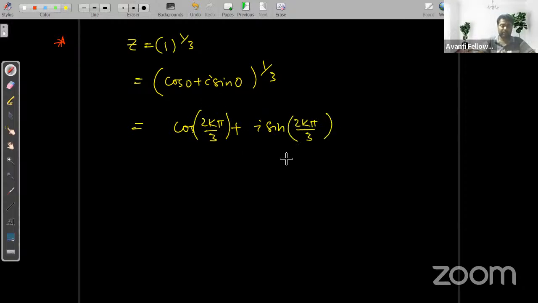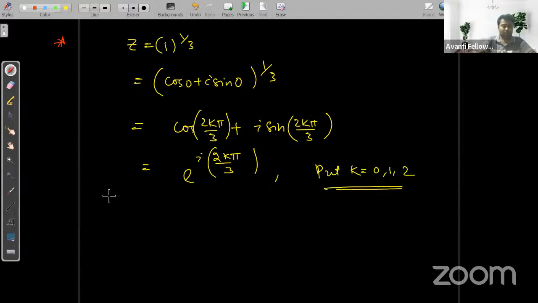By using de Moivre's theorem, and now by using the Euler's identity also, we can write this as e to the power i into 2k pi by 3. Now, if we put k is equal to 0, 1, 2, then also at k is equal to 0 you will get z is equal to 1. For k is equal to 1, you will get z is equal to minus 1 by 2 plus root 3 by 2 i.